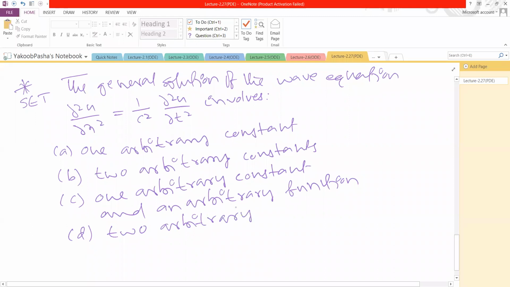Okay, you can respond on chat box, two arbitrary functions.